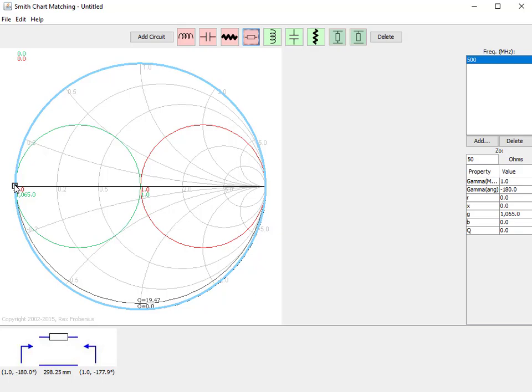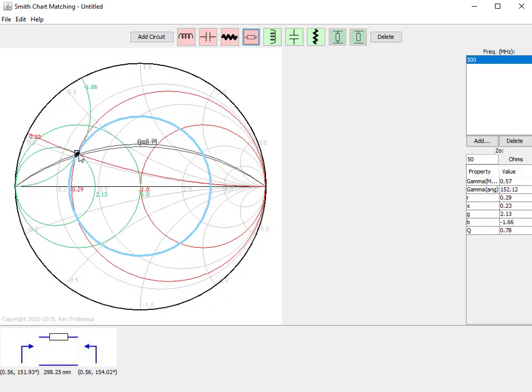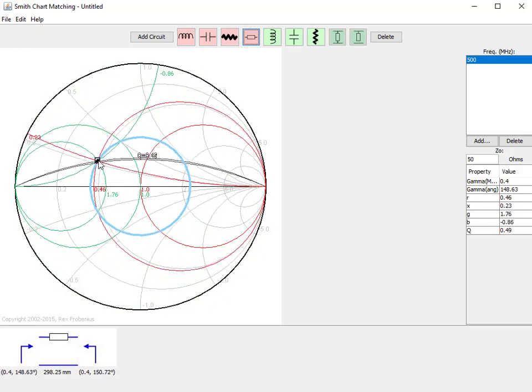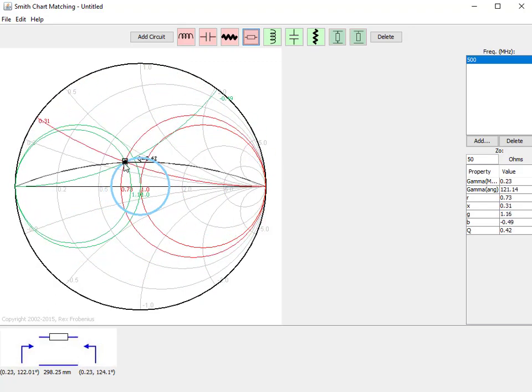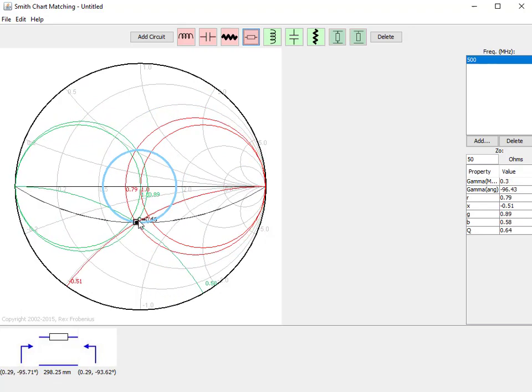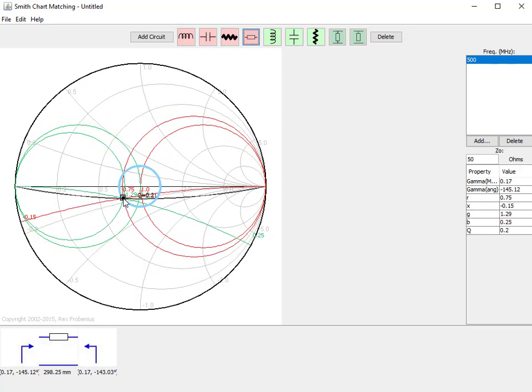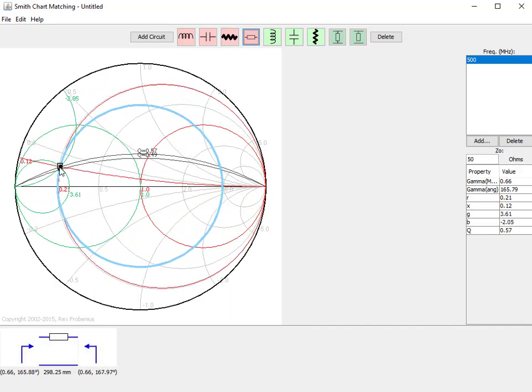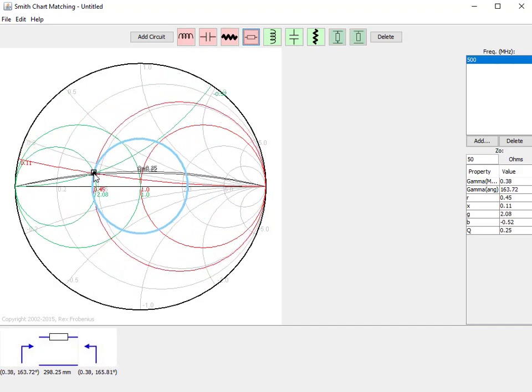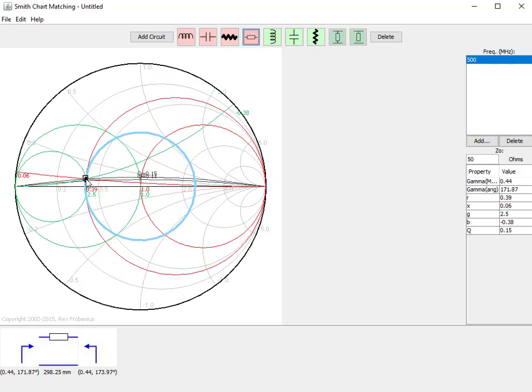But it should be that anywhere I move this termination on the chart, that length of line in between there is going to bring the termination right back around to the original starting point, because I've got a half wavelength long transmission line between the termination and the point where I'm looking at the impedance, the end of the line. And again, if I change that back to 90 degrees, we're going to get a 180 degree phase shift.